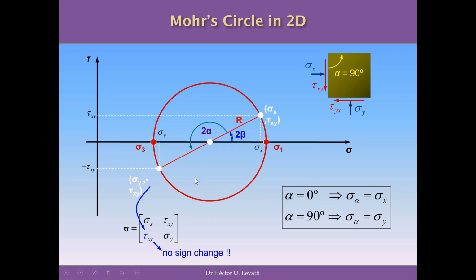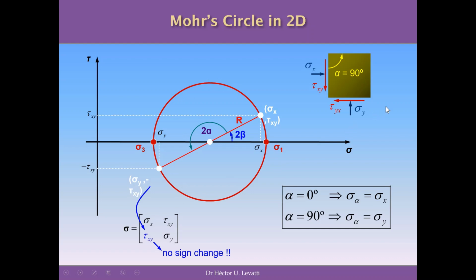This is a kind of inconsistency we have to realize and know in order to not make any mistakes considering a negative sign, for example, in this matrix.